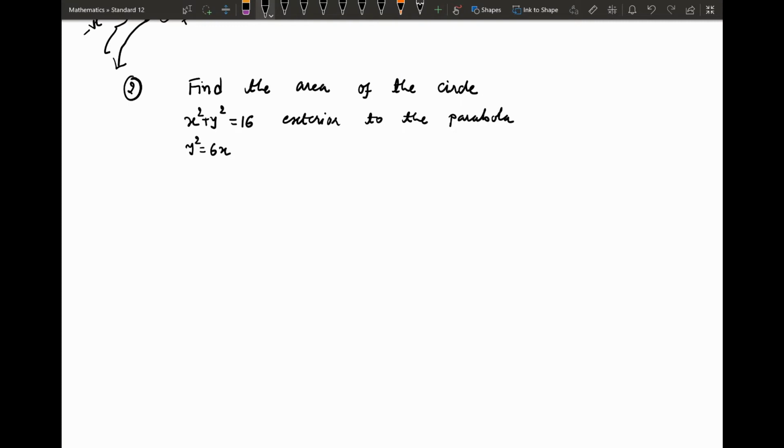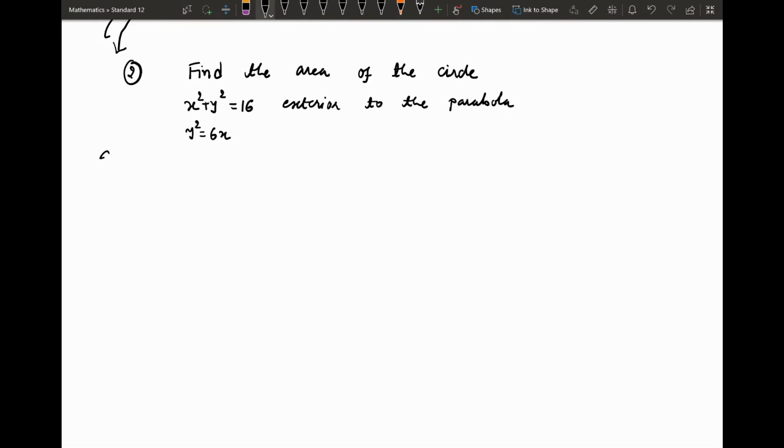The area of the circle x square plus y square equal to 16, exterior to the parabola y square equal to 6x is... So let us discuss the solution.